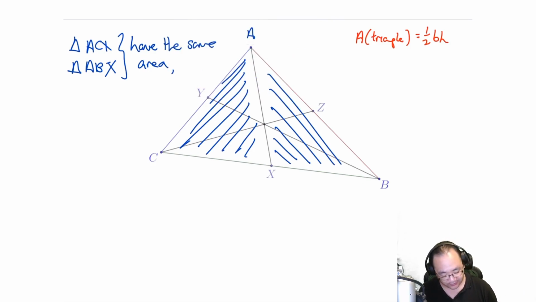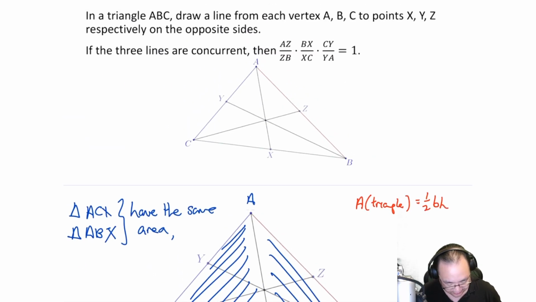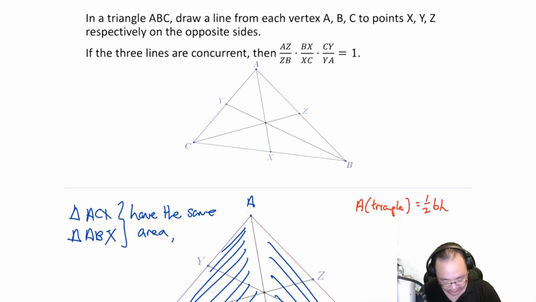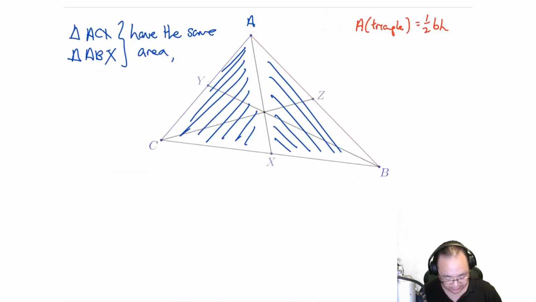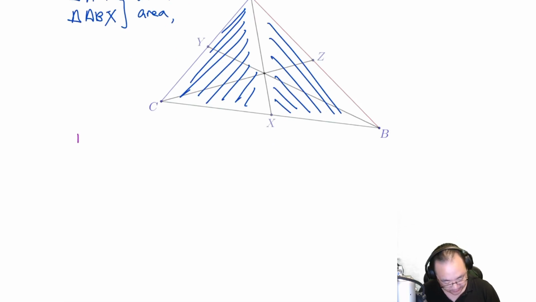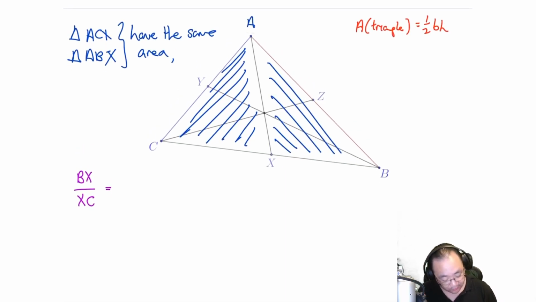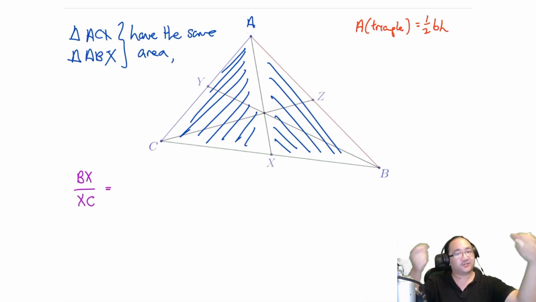So we're going to construct this BX over XC bit, and what this is effectively also saying is that it is equal to the ratio of the area of the corresponding triangles. In the same way that in similar triangles we have a ratio of edges, here we've got a ratio of the bases being the same as the ratio of the areas.